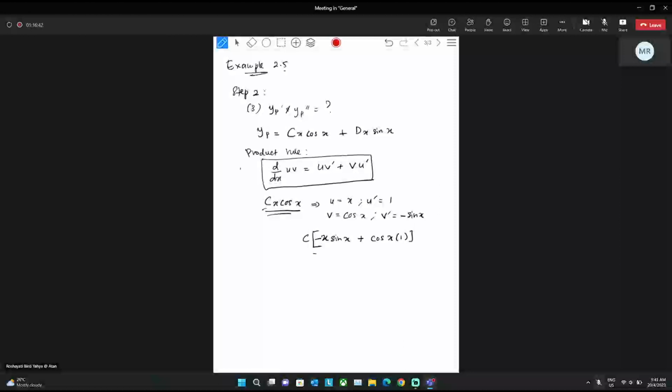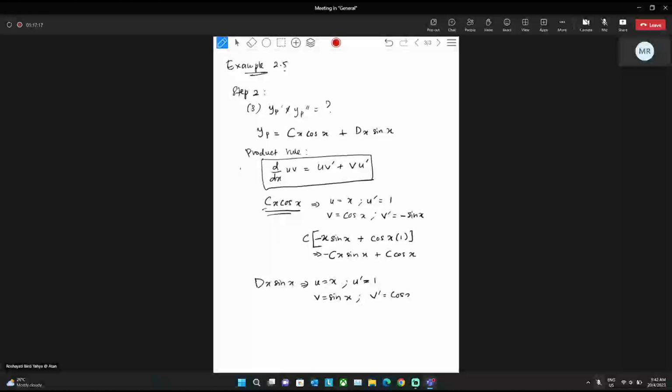So you get negative Cx sin x plus C cos x. Okay. And then look at Dx sin x. U equal to x, u prime equal to 1, v equal to sin x. So v prime equal to cos x.